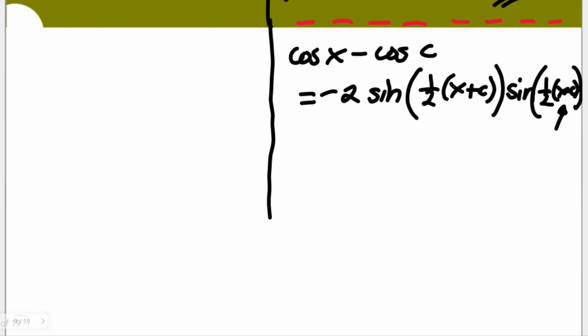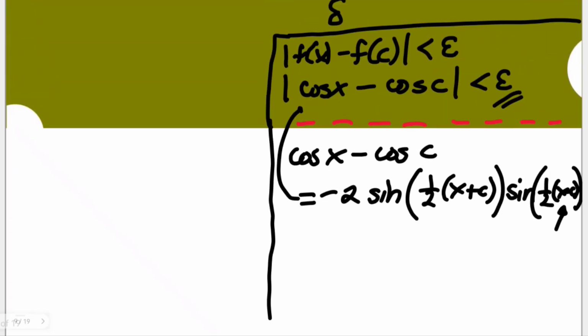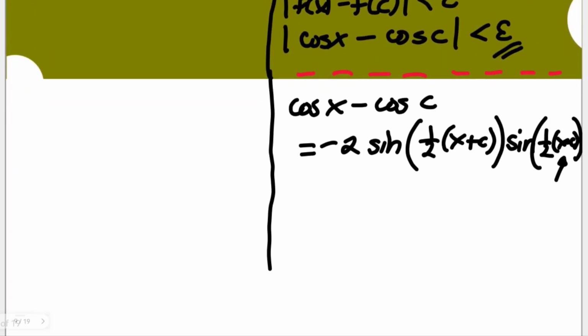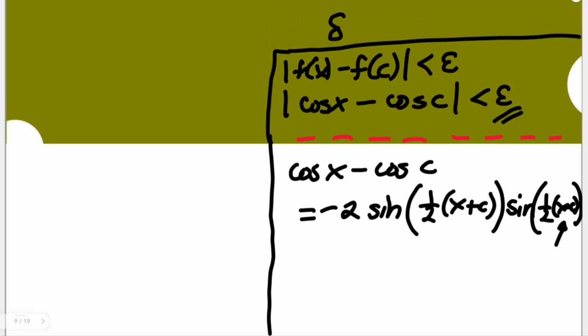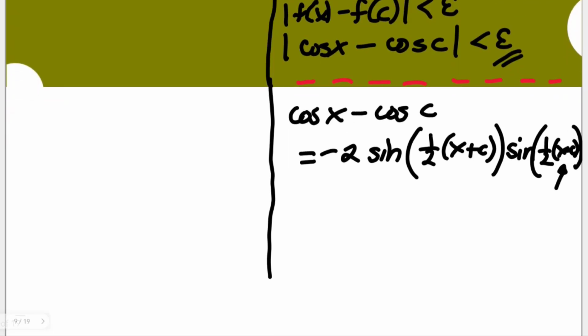Aside from this, before we can substitute that here, there are also important concepts that need to be discussed, because we will have sine and absolute value later on. No longer cosine, because once we substitute that, cosine will no longer be around. But this is very important. When you say the absolute value of sine z, where z is any angle, there are two possibilities. The first one is less than or equal to 1.